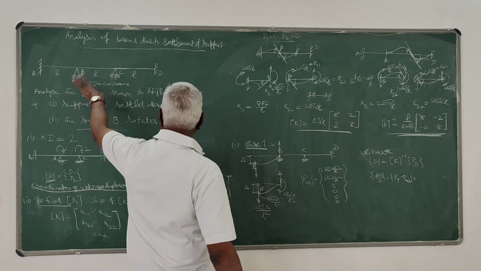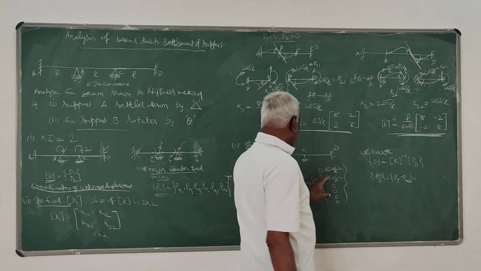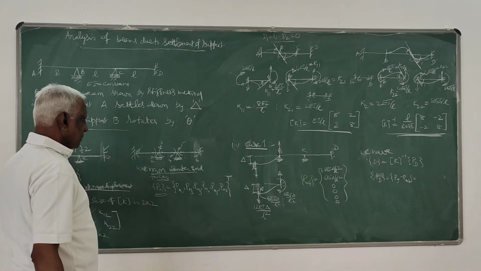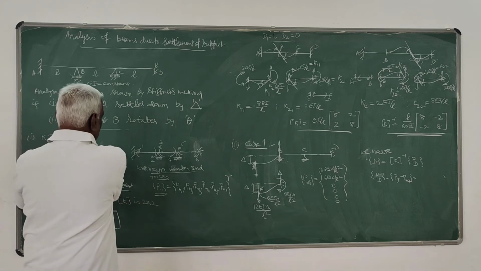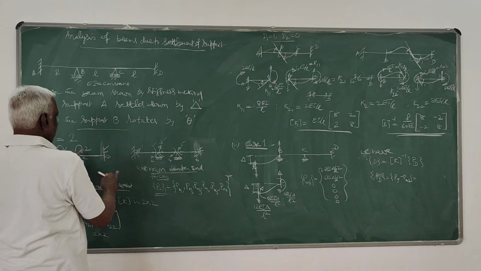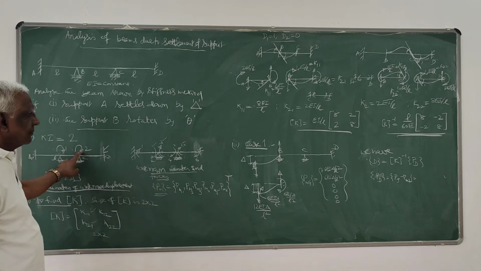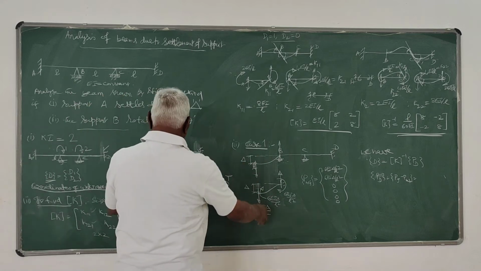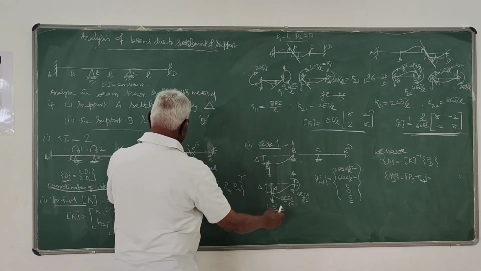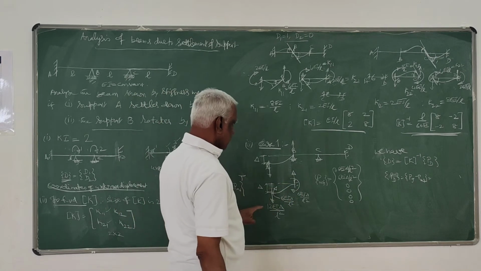Pj is joint load, there are no joint loads, only member loads are there. That is corresponds to D1, D2. Right? So these are the forces. Corresponds to D1, corresponds to D2, these are the forces. So here, forces are only this and this, that only this force is required, that is 6EI delta by L square.